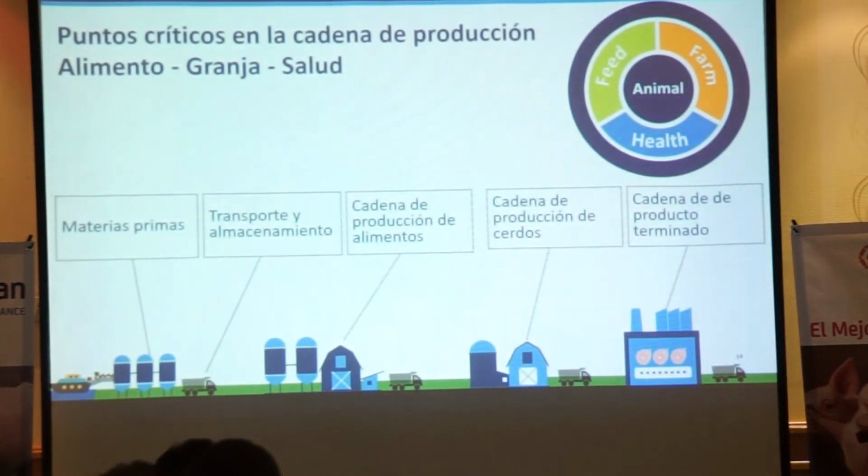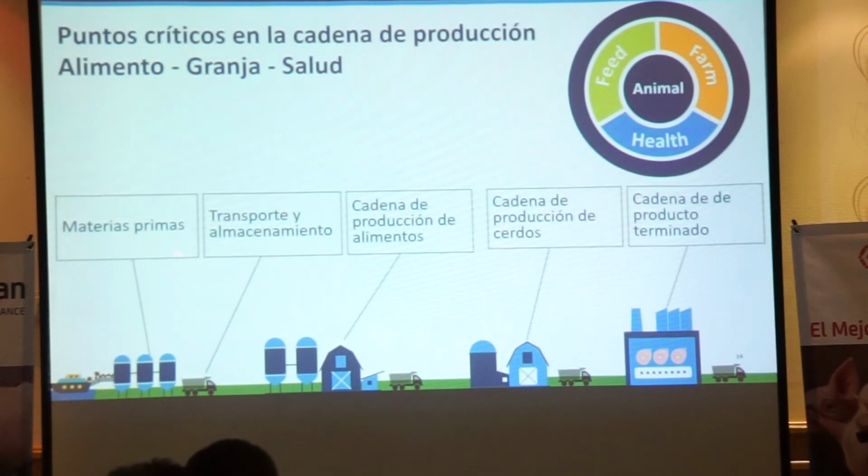So how do we think we can offer you the best solution? We would like to have a look at your complete production chain, not only at your farm and not only at your feed mill, but at the complete production chain to give you the best and most suitable advice. We start at the raw materials, and we end at the slaughterhouse.